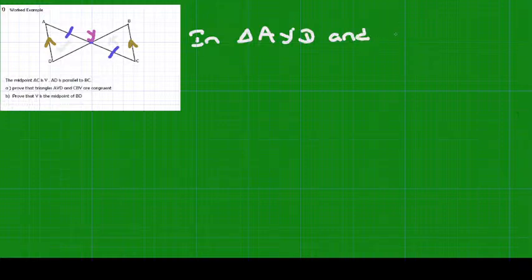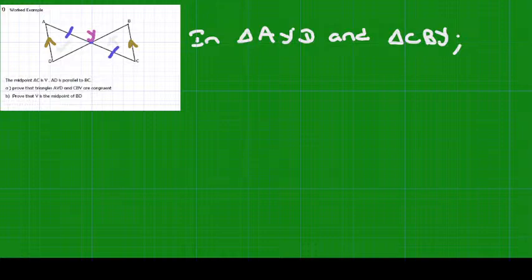Alright, so how do we prove that these two triangles are congruent? So we can say, in triangle AYD and triangle CBY, let's first plan what's the statistics we're going to use.